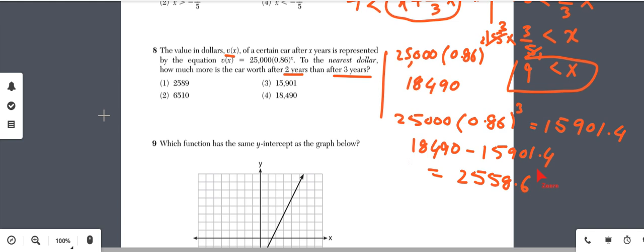But in the question they said that we have to find it to the nearest dollar, and this 0.6 is more than 5, so we will increase the 8 by 1, which is approximately 2559.